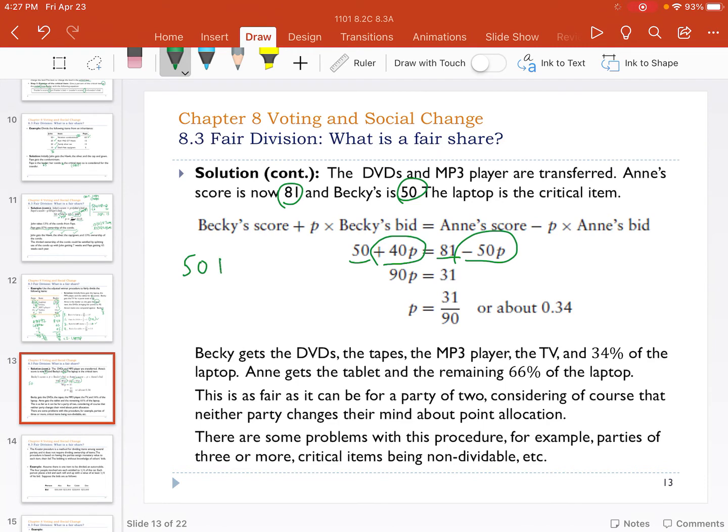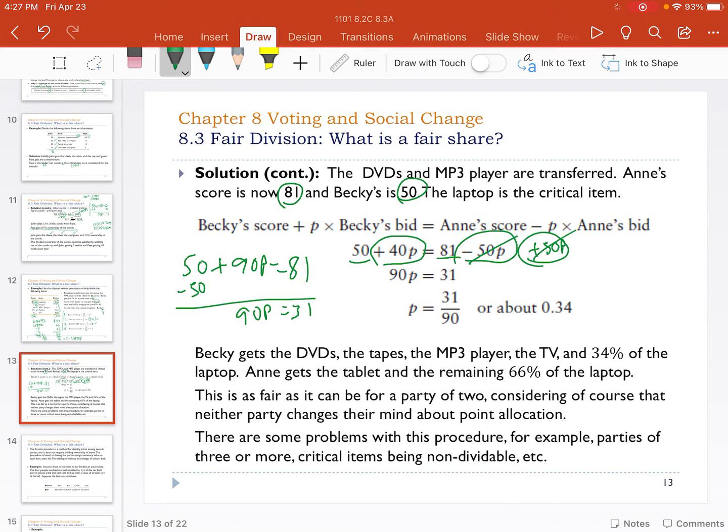So as I put a little bit more algebra in and add 50p to each side, then we would have 50 plus 90p equals 81. And as I add 50p to each side, of course those will cancel on the right side. So now we need to get the non-p units over to the other side, so subtract 50. Now 90p is equal to 31.